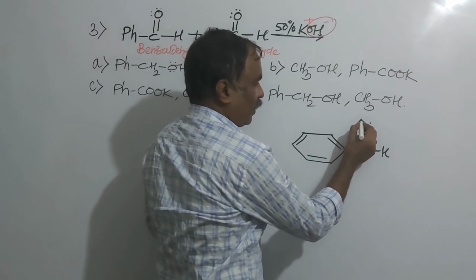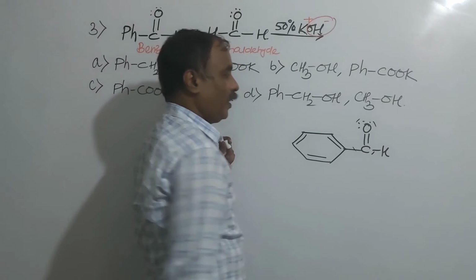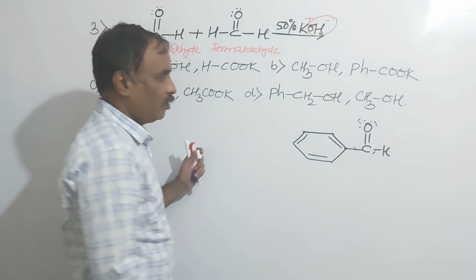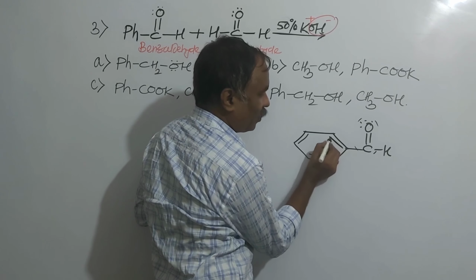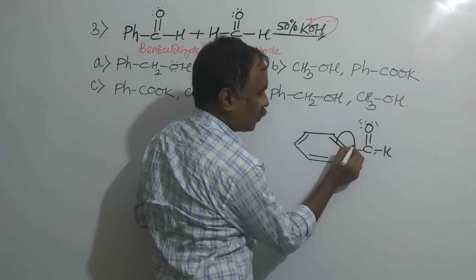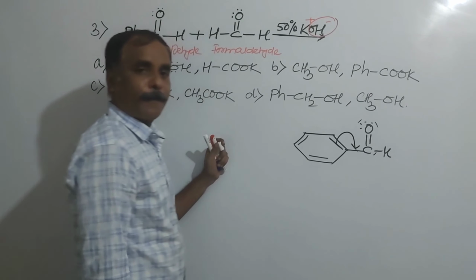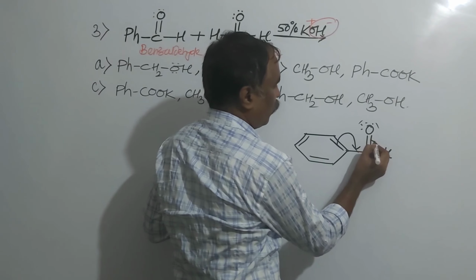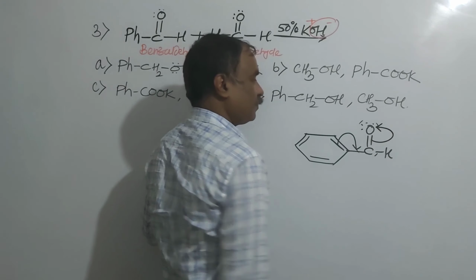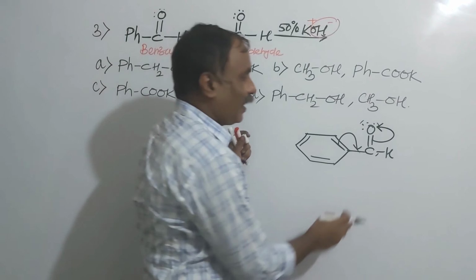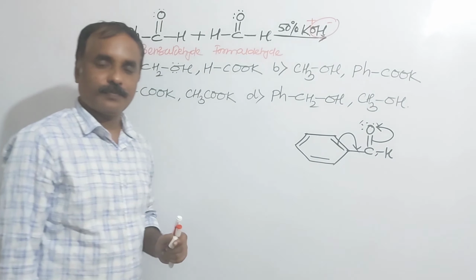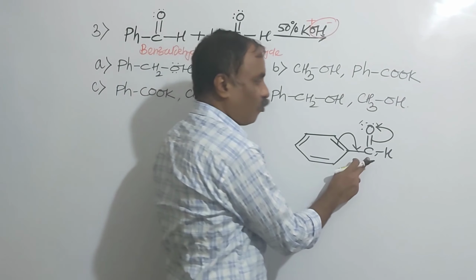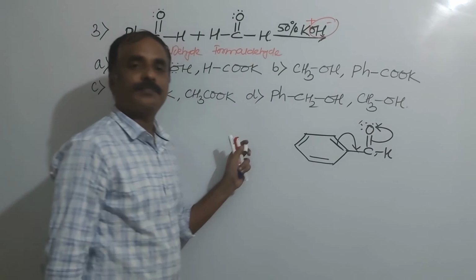This carbonyl group is an electron acceptor, electron deficient. So there is a resonance effect here, shifting of this bond and pi electrons here, and then breaking of the pi bond and shifting of electrons like this. Thus the electron density around this carbonyl group increased, and the electron deficiency of the carbonyl group decreased.